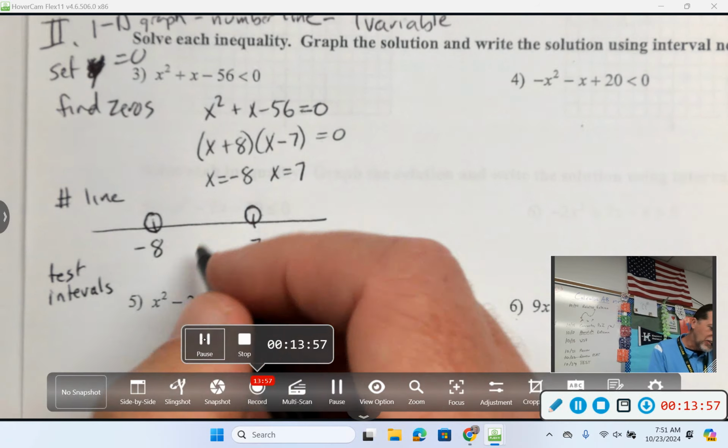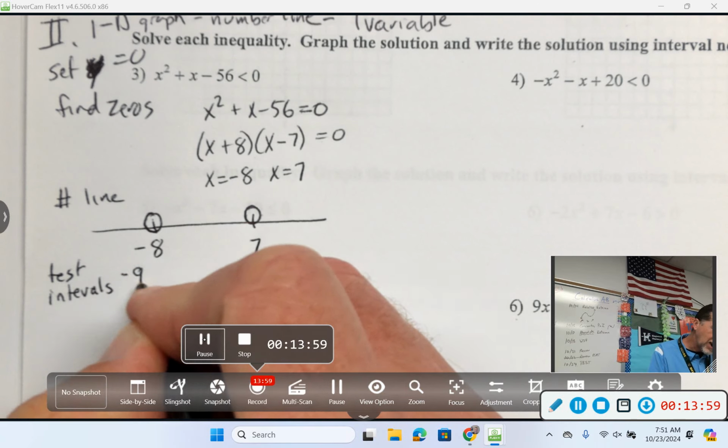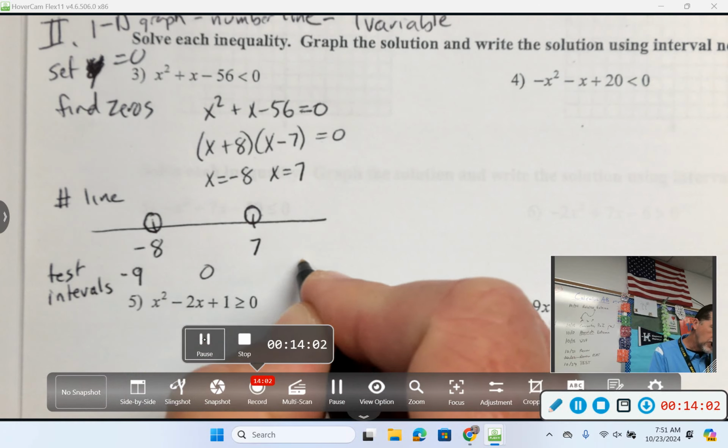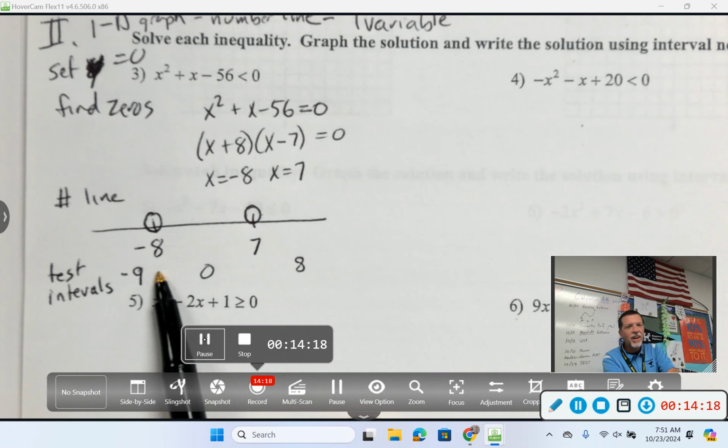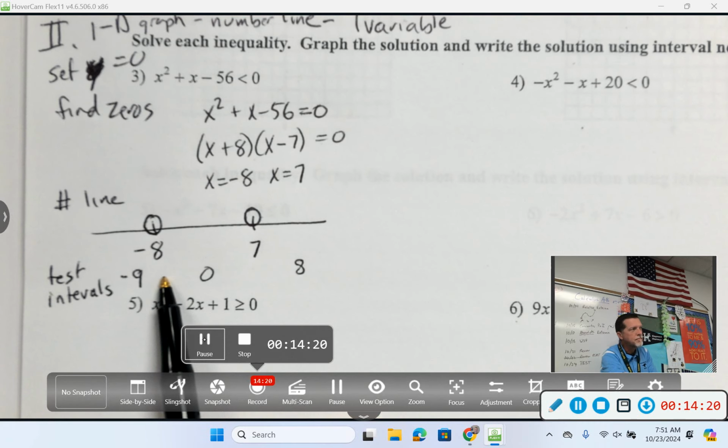Let's just test the intervals. So let's test -9 and 0 and 8. You can't do anything with 7, because if I plug in 7, I'll get 0. But that's not less than. That's why it's an open circle. So I know if I plug in 7 and -8, I'll get 0.